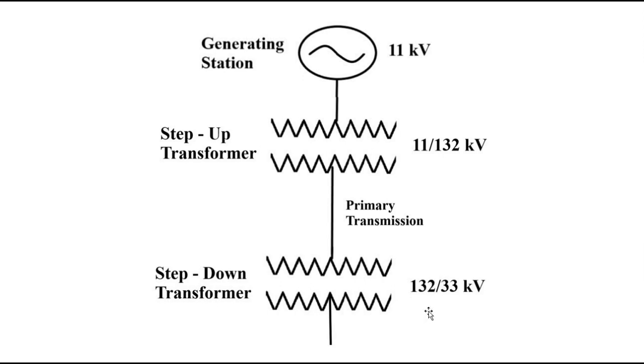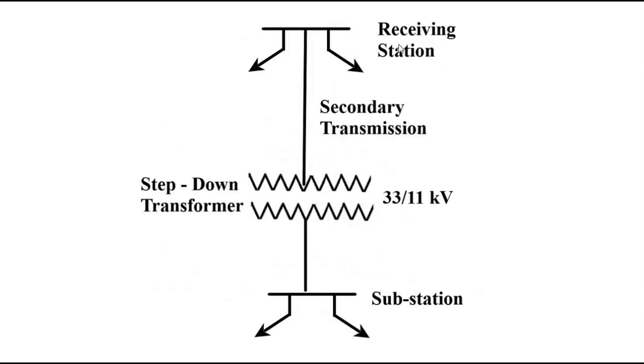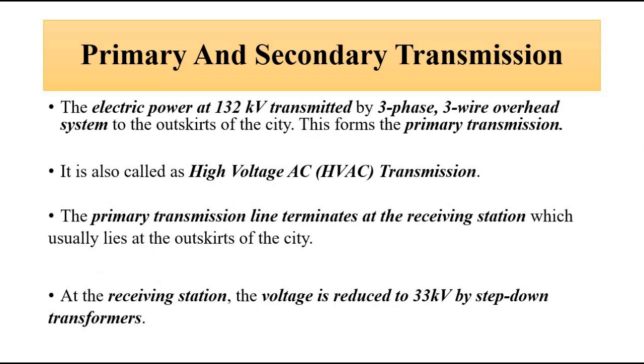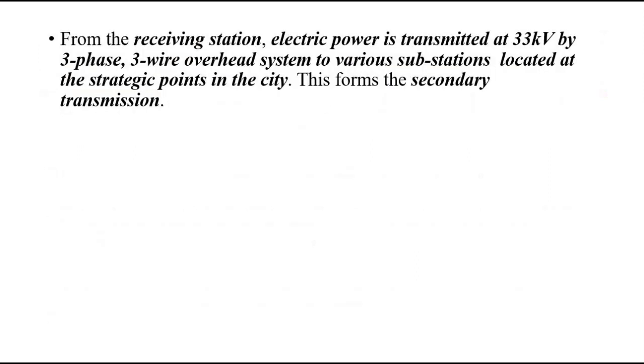Then it is stepped down to 33 kilovolt at the receiving station, and this is the receiving station. Okay, it terminates at the receiving station, and after it is stepped down to 33 kilovolt, the electric power at 33 kilovolt is again transmitted by a three-phase, three-wire overhead system to various substations which are located at different strategic points in the city or wherever the location is.